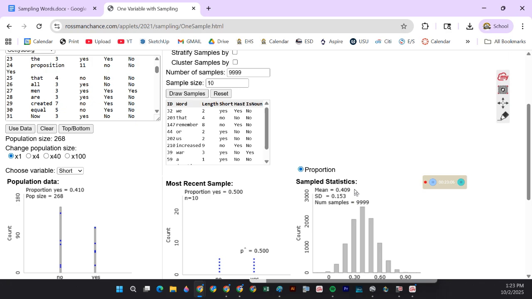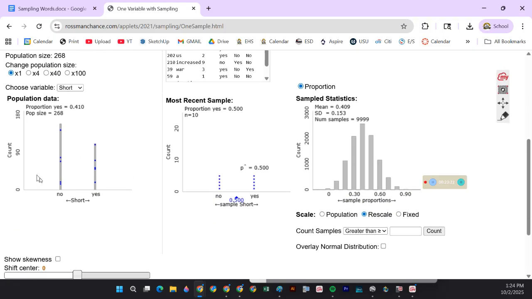If we switch to 30 random words, should we still expect 41% or something different? We should still expect 41%. Because if this is 41%, then this should also be 41%. Okay? So that is not going to change.